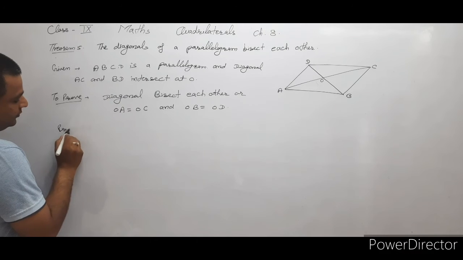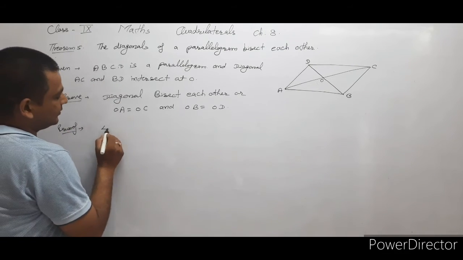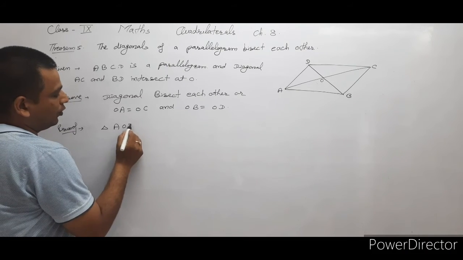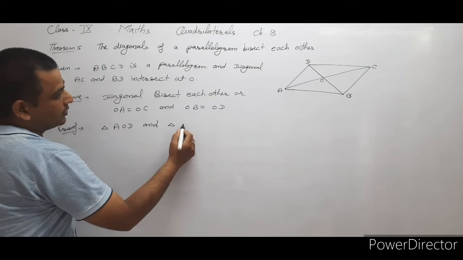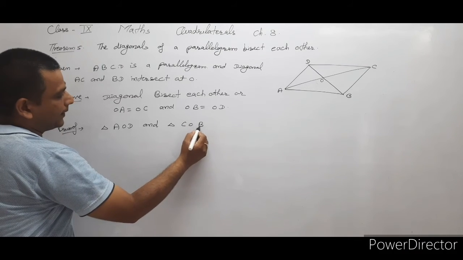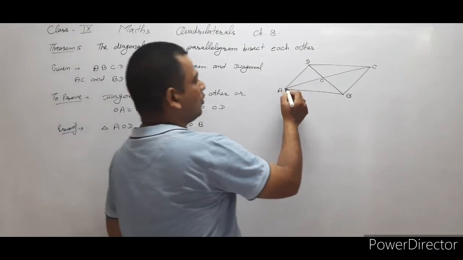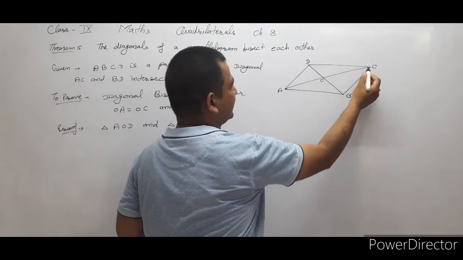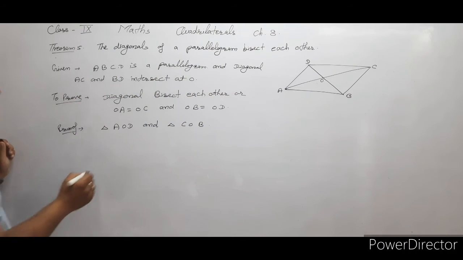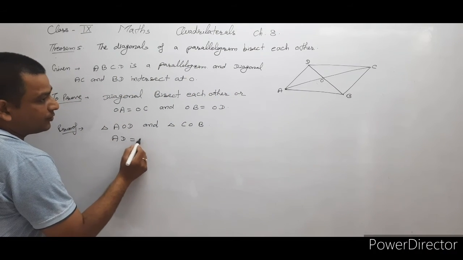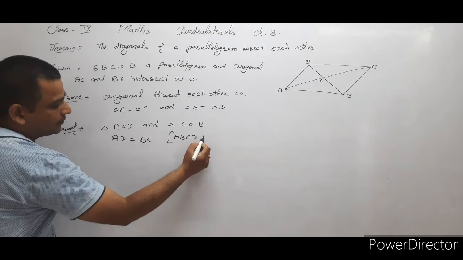For proof, take the triangles, triangle AOD and triangle COB. In these two triangles AOD and COB, as we know that AD is equal to BC because ABCD is a parallelogram.